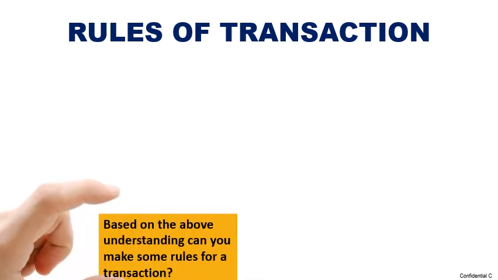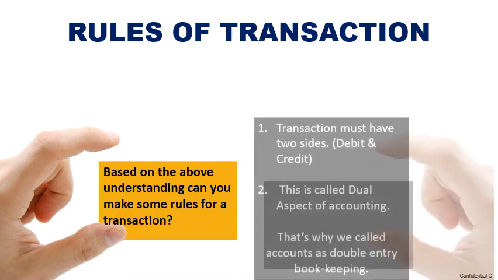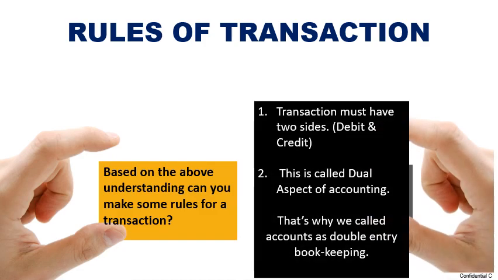So when we understand the transactions, let's also see how the transaction can be framed using certain rules. Now we understand the transaction. Let me understand what rules we need to have in terms of managing these accounting transactions. Please remember the transaction must have two sides.